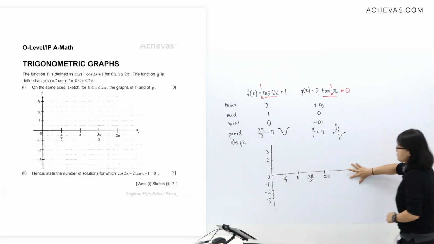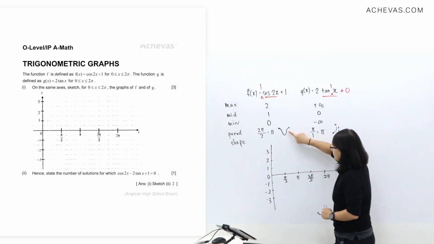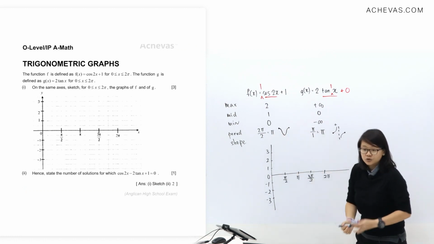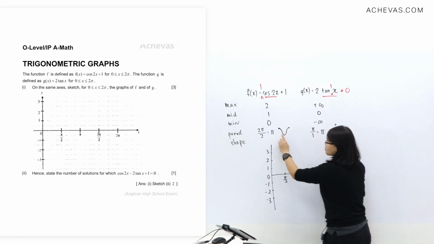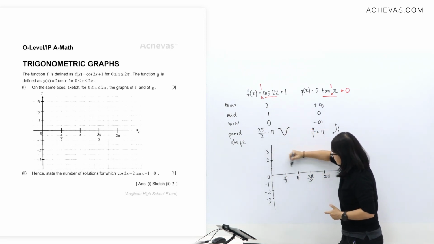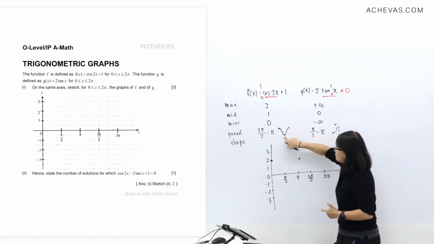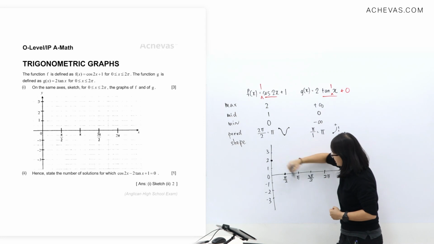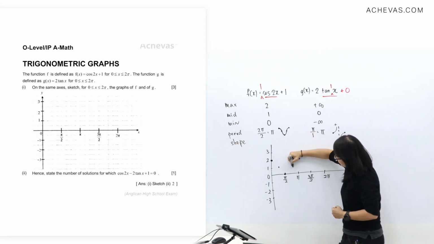Let's take a look at this one here. We're going to draw this shape in pi. So notice that this cos graph starts at maximum, ends at maximum. Let's look at maximum, 2. Minimum here is the middle of the graph, which is 0. So I'm going to plot 0 here. So you can go on to plot the middle, which is at 1 and 1.